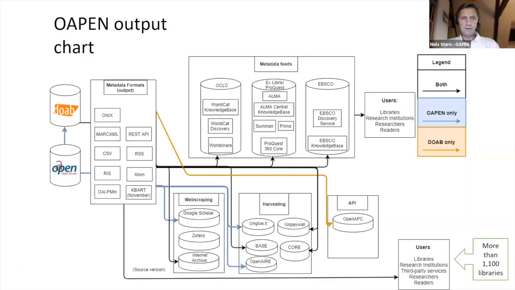In the background, just a few words on this output chart. You can see that when we get the books into the OAPEN library and share them with also the OAB, where we have many more titles registered, around 44,000 currently, we push this metadata in a variety of formats through the library and the intermediary system.